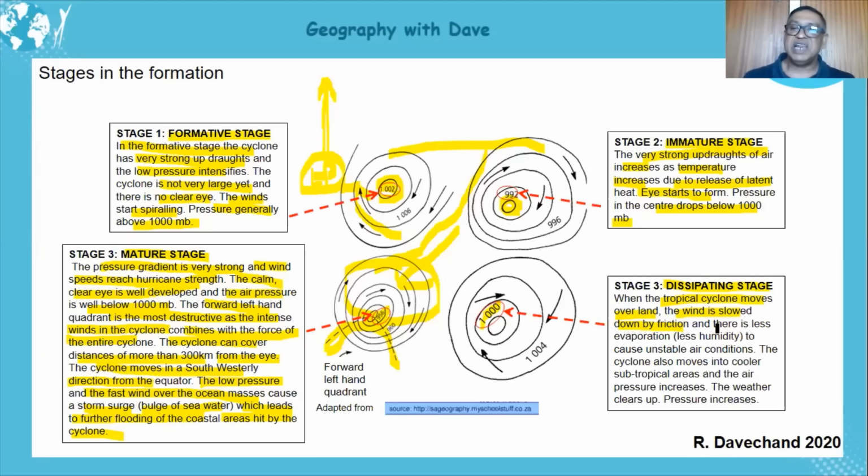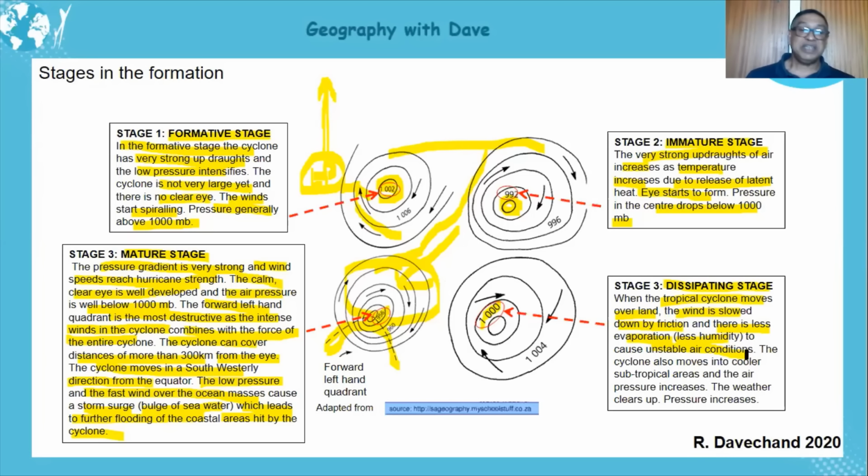There is less evaporation due to less humidity compared to the ocean. The ocean has massive humidity. Now the land has limited humidity. It's drier. So therefore, there's less humidity to cause unstable conditions, because there's less humidity, less latent heat.